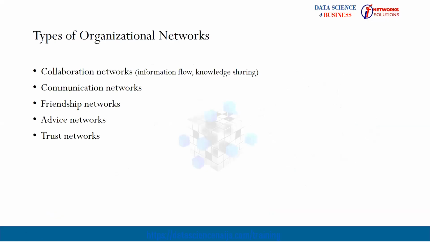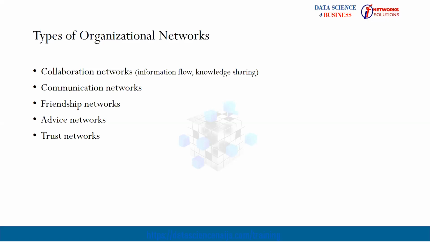So types of organizational network: we have communication, like I just mentioned. Then we have collaboration, friendship network, advice network, trust network, and so on in organizations. It will amaze you that you could have so many of these networks in the organization that are not being captured.